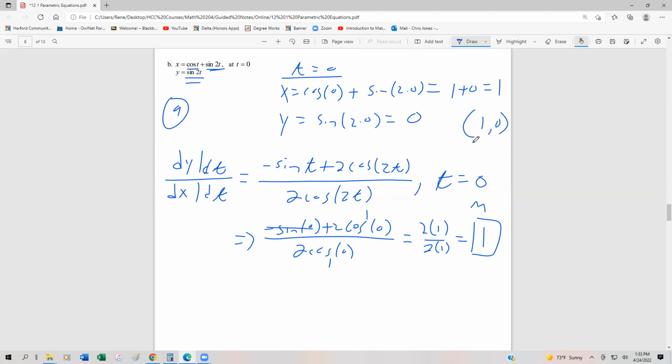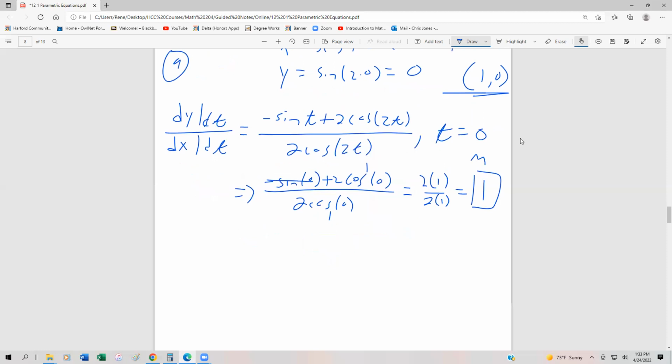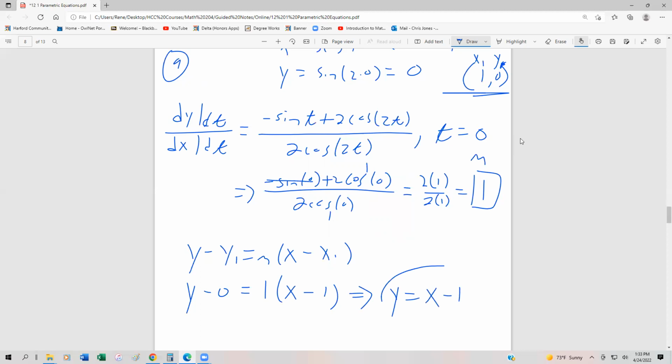Now we can find the equation of the tangent line, which is pretty easy. y minus y1 is equal to m times (x minus x1). We know that x1 is 1, and y1 is 0. So we get y minus 0 equals 1 times (x minus 1), and that just yields y equals x minus 1.